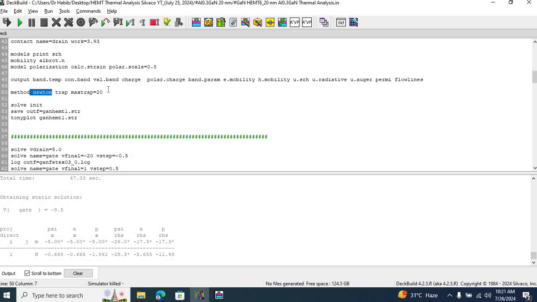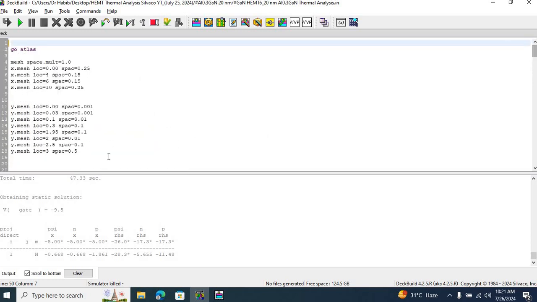Now the thermal analysis actually takes a longer time, so we are going to use the block method when we work with the thermal analysis, because the block method can provide a faster solution for the simulation of these devices than the Newton method. So the way I've structured my code is, initially in this first module of Atlas, I create the structure.